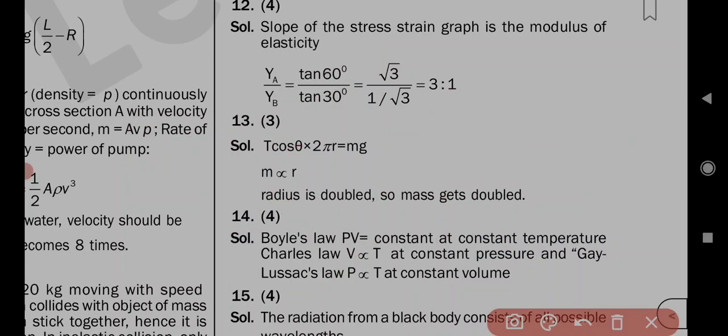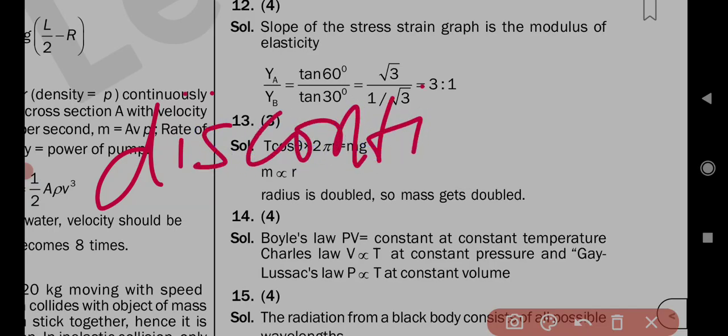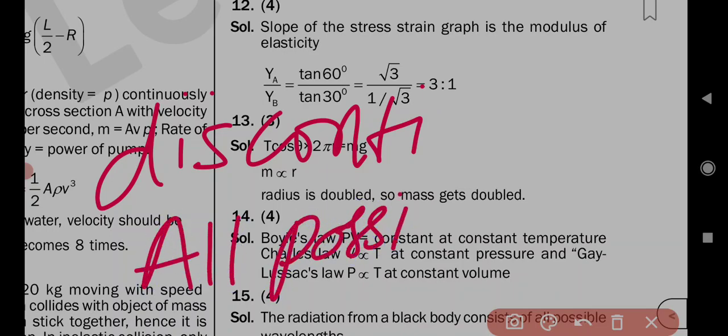Okay, is it okay? A black body radiates heat in what? All possible wavelengths. Black body, all possible wavelengths. Black body has discontinuous emission, it is related to chemistry.